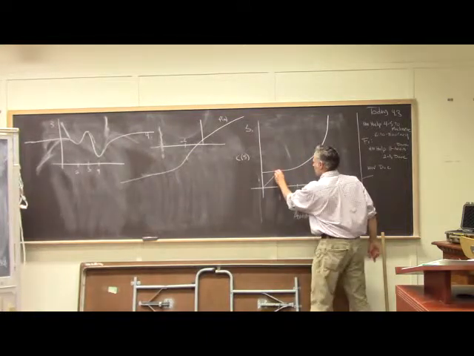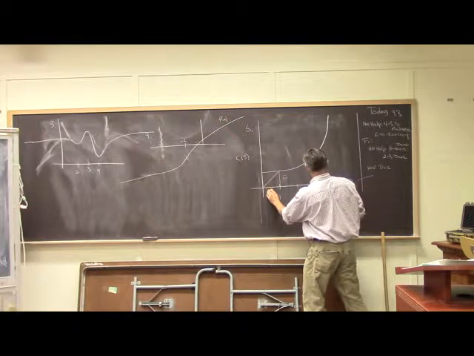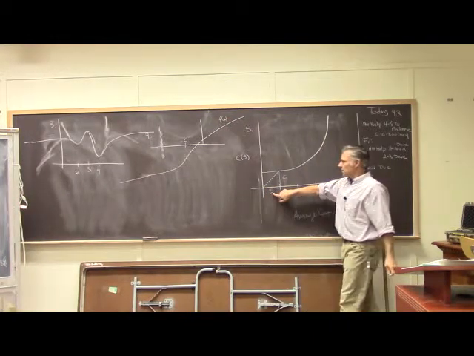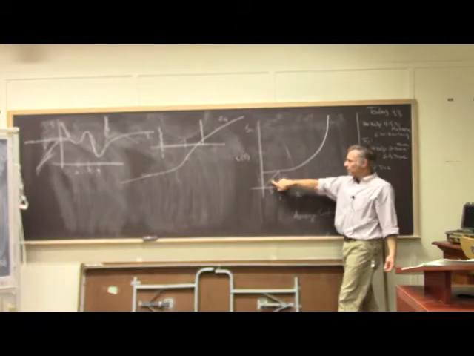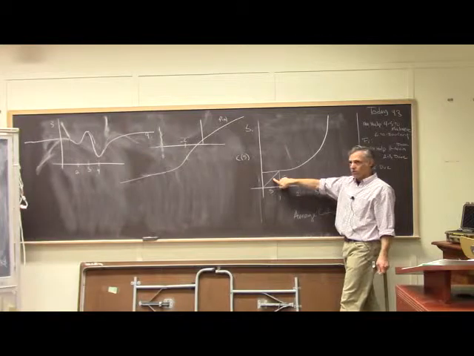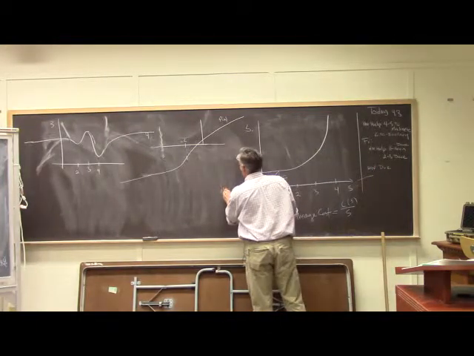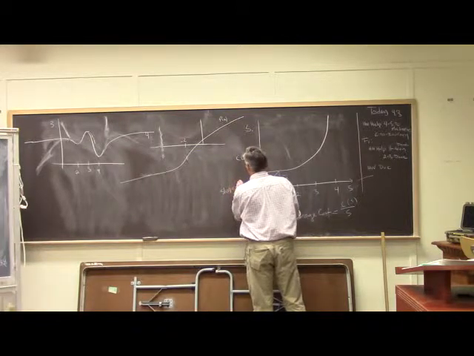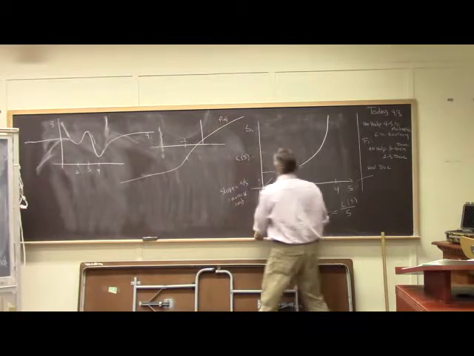OK, so this height is C. This base is S. So the rise over run of this is C over S, and so the slope of this line is the average cost. So slope equals C over S equals average cost.